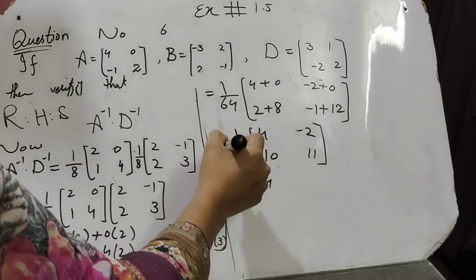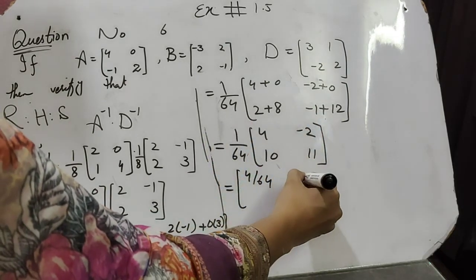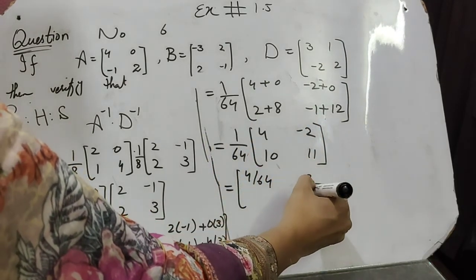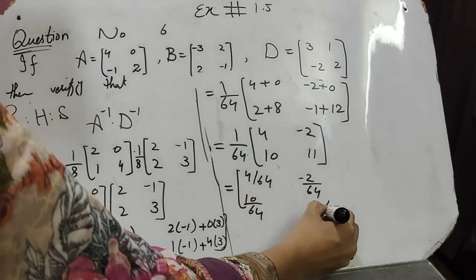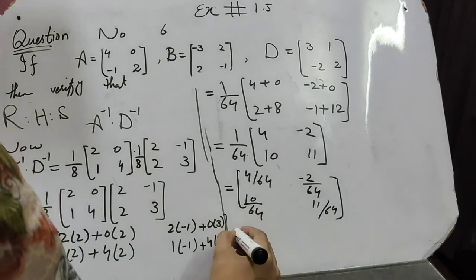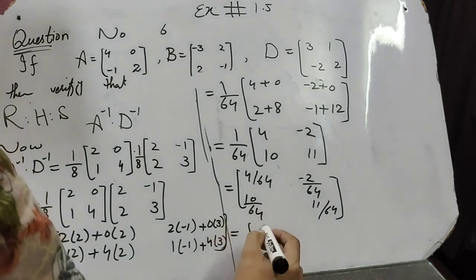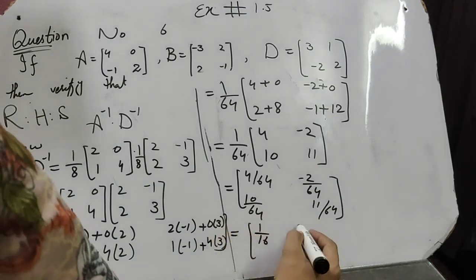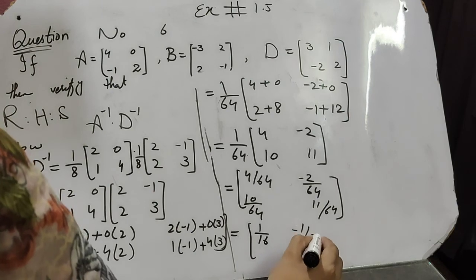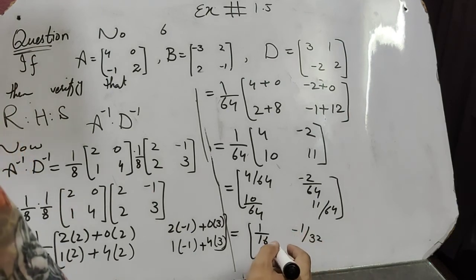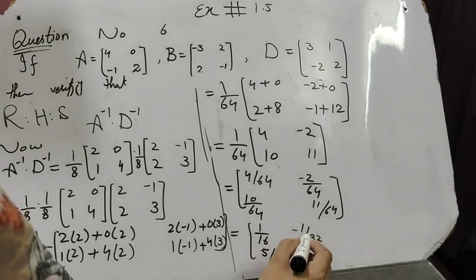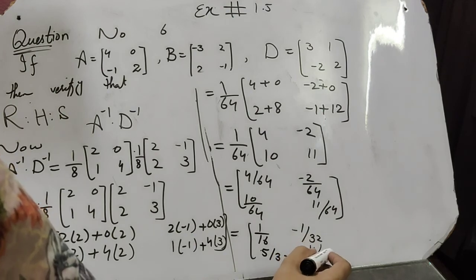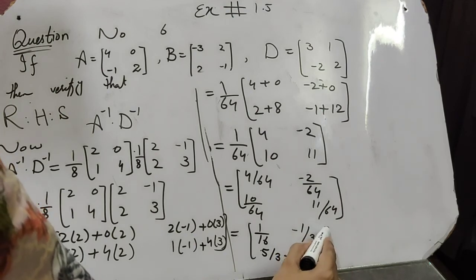Now multiply 1 by 64 with each entry. We get 4 by 64, -2 by 64, 10 by 64, 11 by 64. It will be equal to [1 by 16, -1 by 32; 5 by 32, 11 by 64].